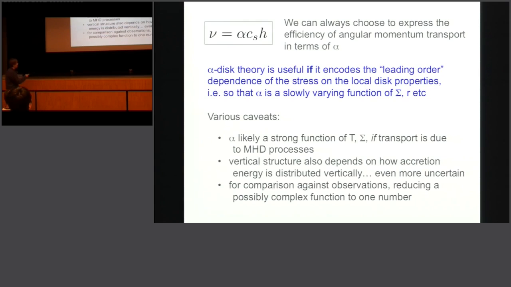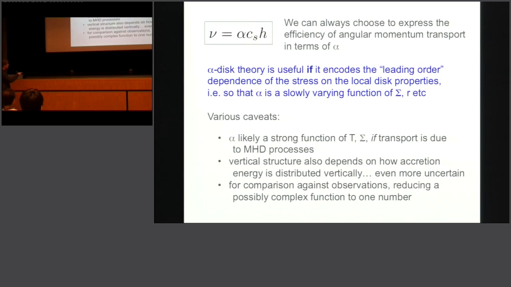So in particular, alpha is likely a strong function of temperature and surface density if the transport is due to magnetohydrodynamic processes, to MHD processes within the disk. And this comes about because of the fact that the ionization level is low, and therefore the coupling between the magnetic fields and the gas will be very different in the relatively high temperature regions close to the star than it is in the much colder regions much further away.